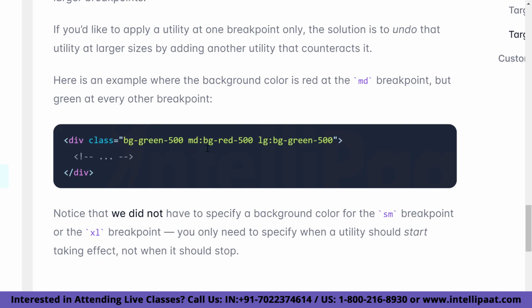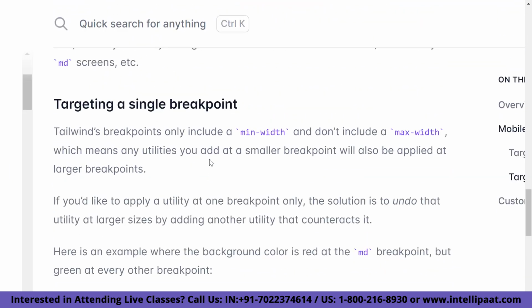Here the utility starts taking effect at md:bg-red, not when to stop it. Otherwise, in other scenarios, it's all green. So that's one of the solutions.